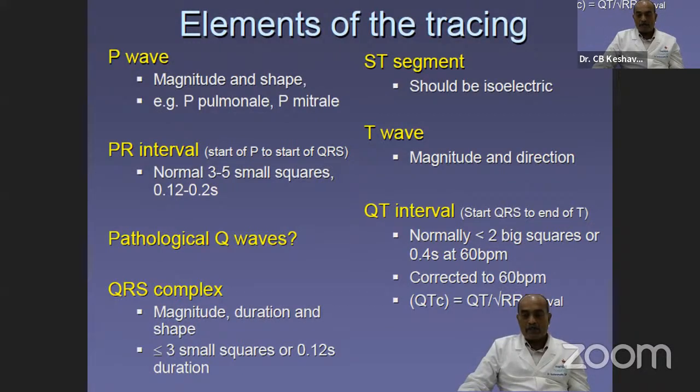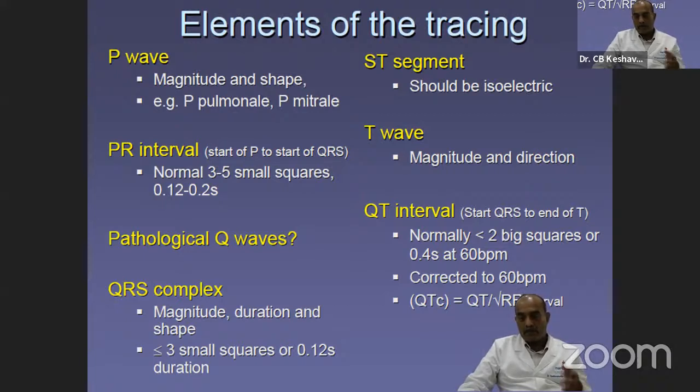The QT interval is normally less than 2 big squares, or 0.4 seconds at a rate of 60. This is usually rate dependent. That's why we have what is called the rate corrected QT interval, or QTc, which is simply the measured QT interval divided by the square root of the RR interval.